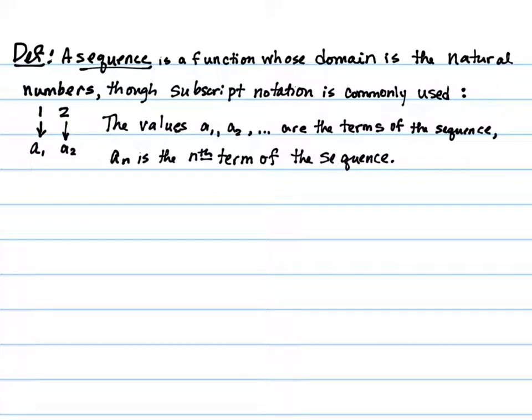Okay, so what we're going to actually do first is take a look at a sequence as an example. So our first example, we're going to write the first 5 terms of the sequence.